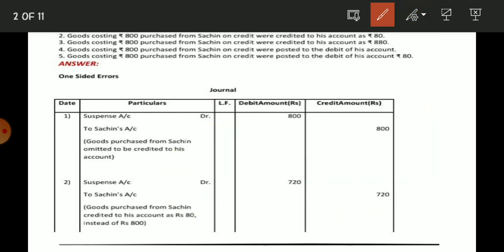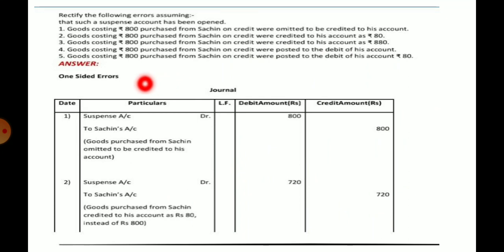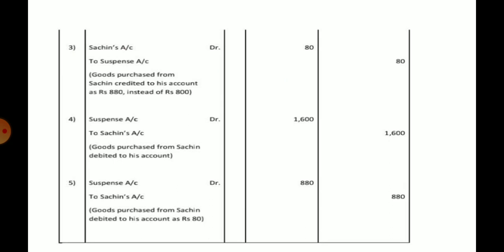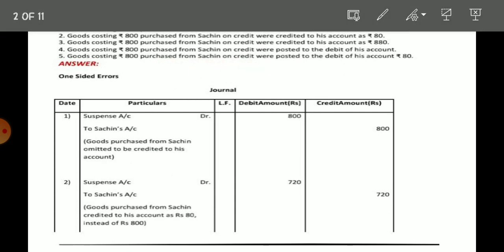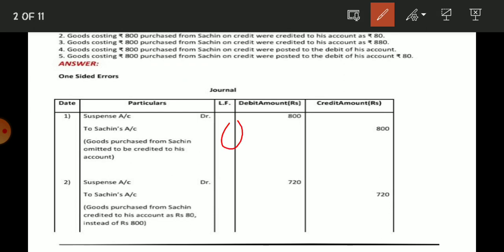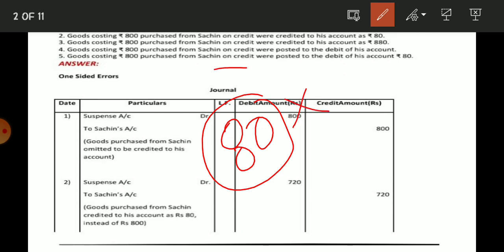Okay. And the fifth transaction is goods costing 800 purchased from Sachin on credit were posted to the debit of his account as 80. So this time we have to enter 880. Why? Because 800 rupees of goods were purchased from Sachin on credit. So first of all, for rectifying, the debit amount, that is 80, should be cancelled out, and the real amount that should be entered, 800, should be credited.